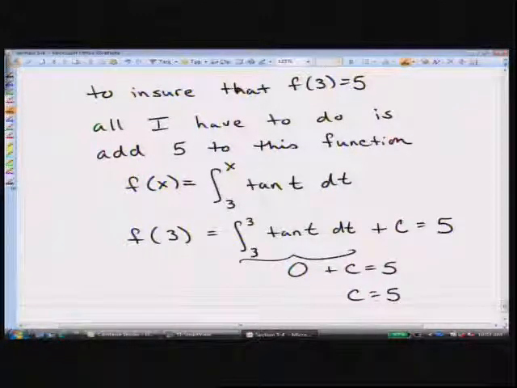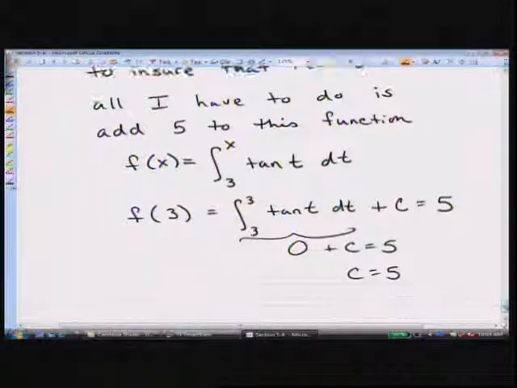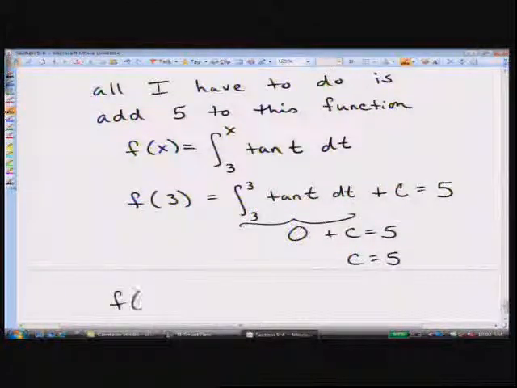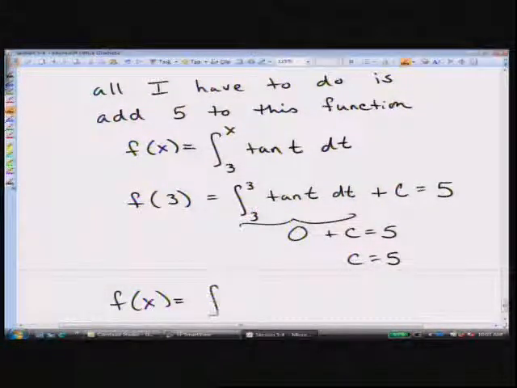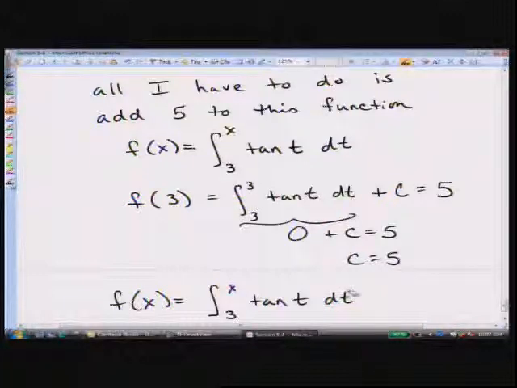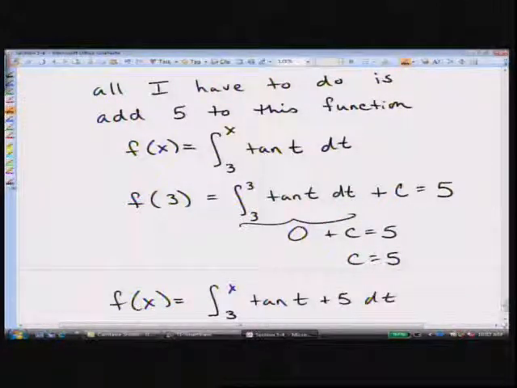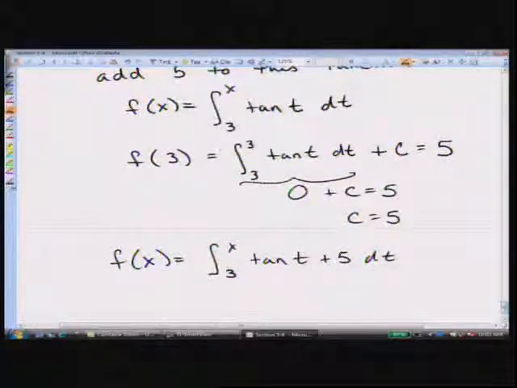Okay? And so then the function that I create will be f of x equals the integral from 3 to x of tan t dt, and you can put a plus 5, you can put it inside here, plus 5 dt. That function now, when I take its derivative, I will get the tangent of x.